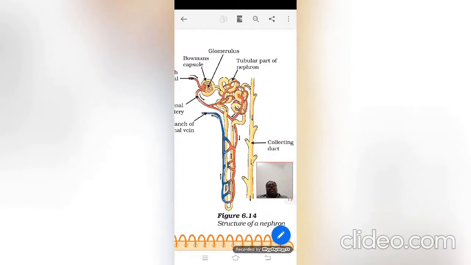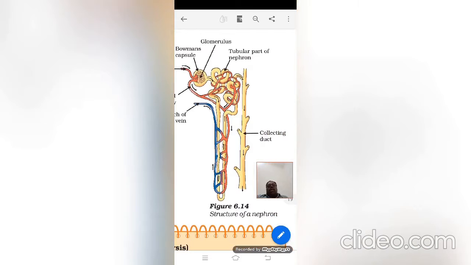Inside this nephron, it is very lengthy, coiled, and we have the collecting duct. This collecting duct is responsible for collecting urine, and before the collecting duct, our body secretes one hormone known as ADH, antidiuretic hormone, or otherwise vasopressin.